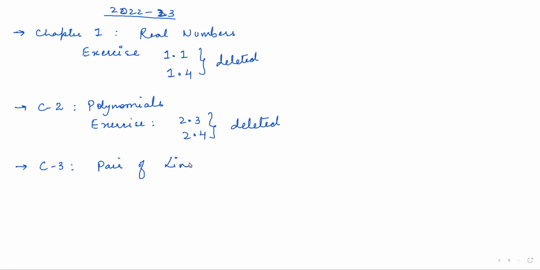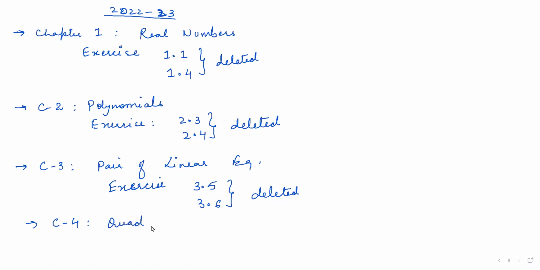Chapter 3, which is pair of linear equations. Now here you have your exercise 3.5 and 3.6. They both are deleted. Then chapter 4, which is quadratic equations.